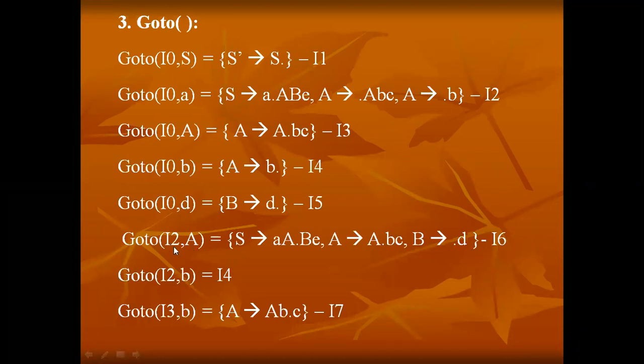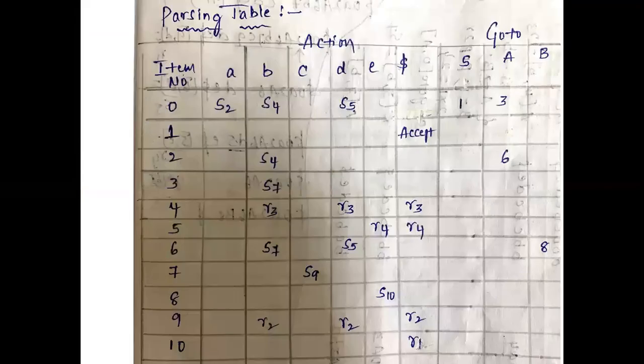That means in item number 2, in the goto column A, we fill the entry with 6. I2 with A is 6, right? Is it clear? For filling the entries in the goto function, we need to represent them like this.